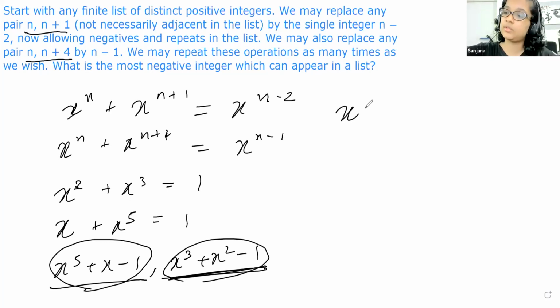So let's consider some such x, and you're basically taking x to the power n, and you're taking the sum for all n in your set.